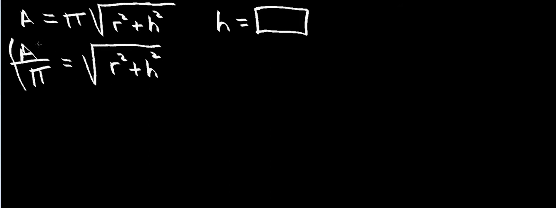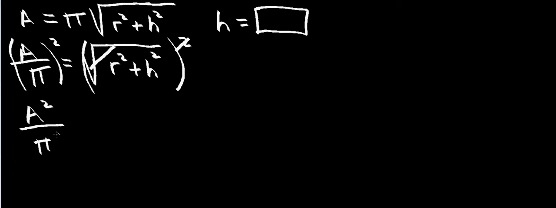On the right hand side the square root and the square cancel each other, and we get that a squared over pi squared equals r squared plus h squared.